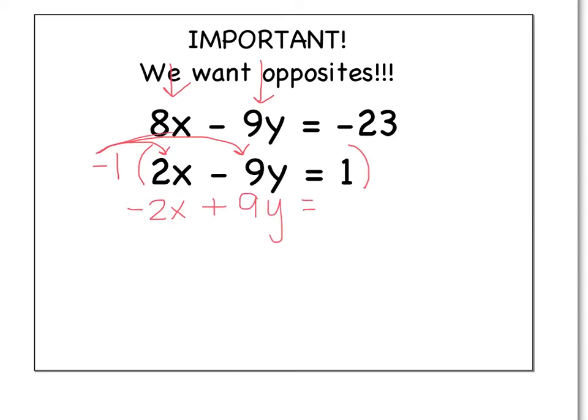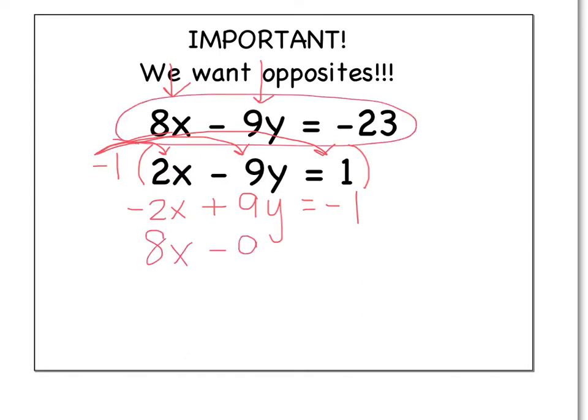And I'm going to also multiply that negative 1 by the positive 1 over here. Negative 1 times positive 1 would be a negative 1. Now I'm going to bring down my top equation, which is 8x minus 9y equals negative 23.